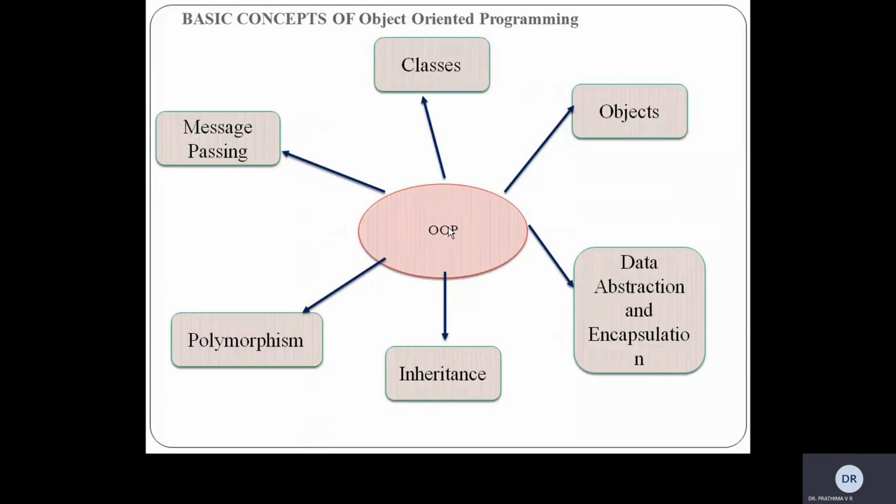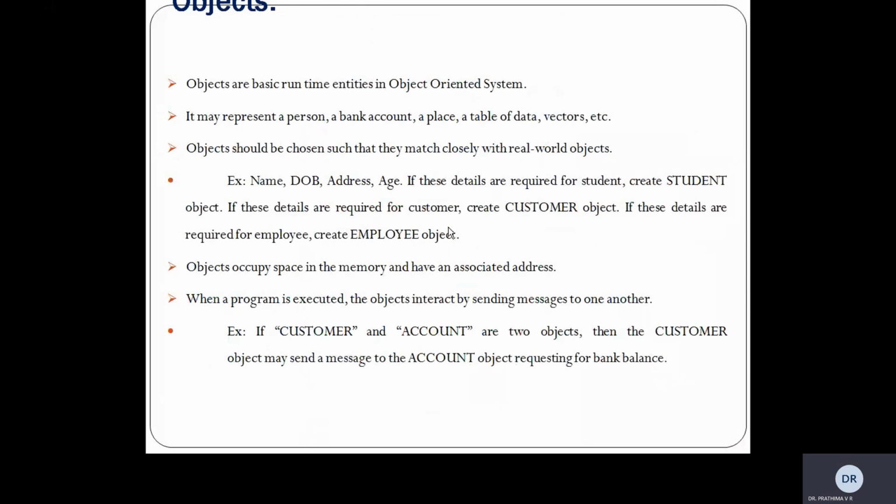The basic or core-level concepts of OOP are defined here, where I can see classes, objects, data abstraction and encapsulation, inheritance, polymorphism, and message passing. And here, let's try to understand what we mean by the term objects.